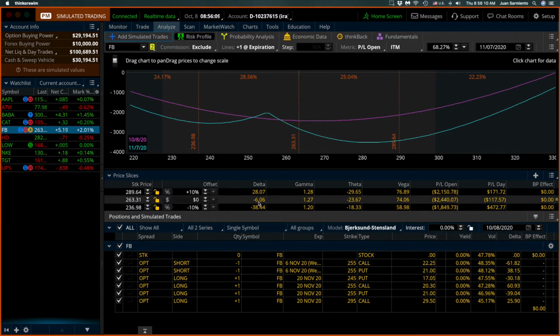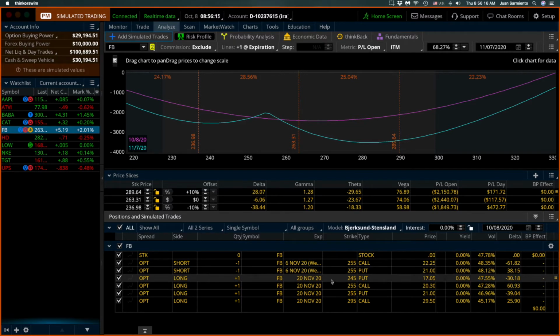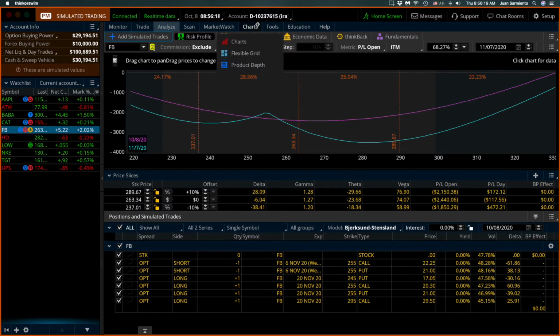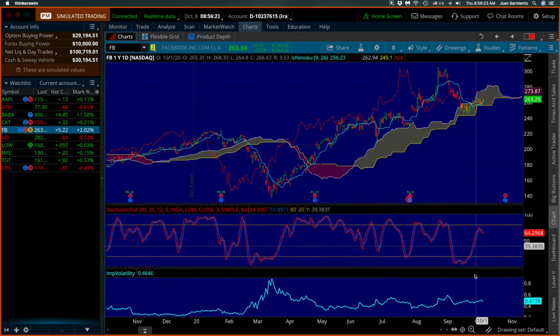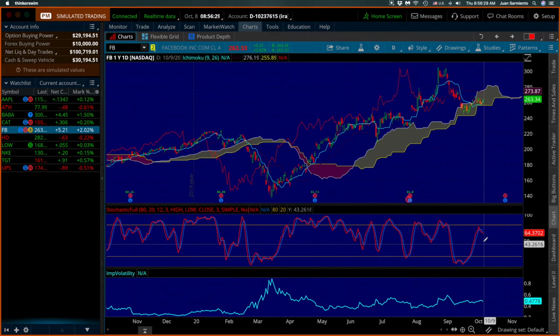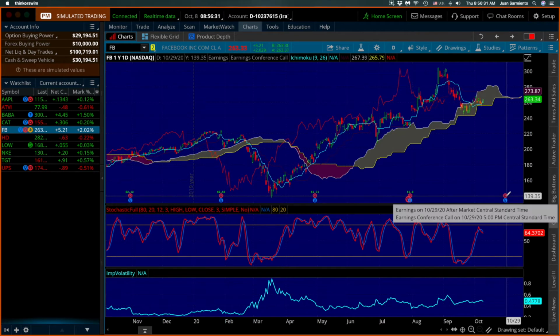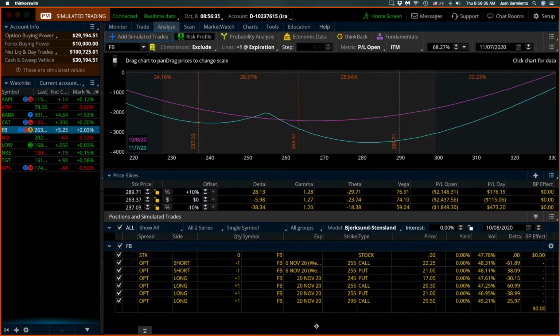Being slightly delta negative, I could try to make it more delta neutral. Let me take one more look. Looks like it's going to go up, by the looks of the Ichimoku, and earnings are coming up as well. In this case, if we wanted to close this, we'd have to do it as a combination.